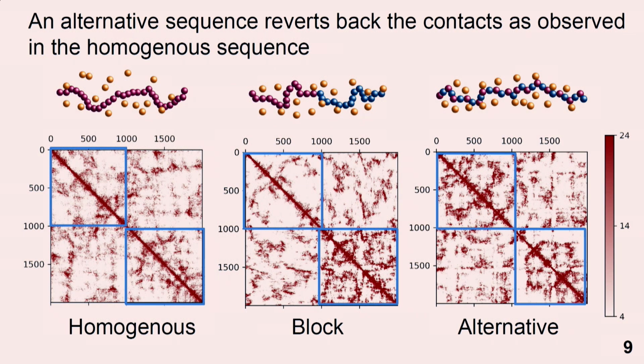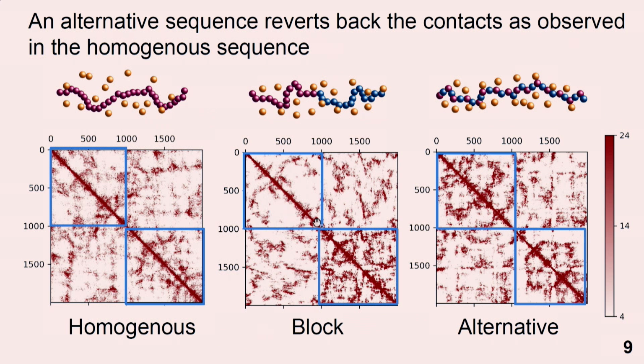But if I go to the third variation of my sequence, keeping all other parameters the same, we see that the difference between these compartments is negligible. Here in the homopolymer, you see these two compartments are of similar intensity. If you have a blocky nature, then you see higher intensity here.